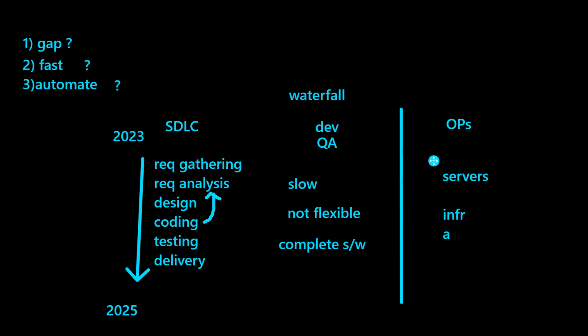Monitoring, maintaining the infrastructure was also a challenge. Monitoring huge infrastructure is again a challenge because they are not using any tool. Let's say there were 1,000 servers. Monitoring them is again a challenge, right? These were all the challenges posed by waterfall methodology. How to overcome these challenges? Anyone?